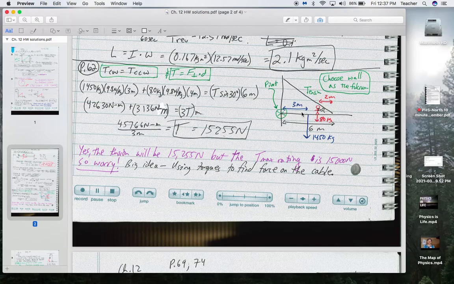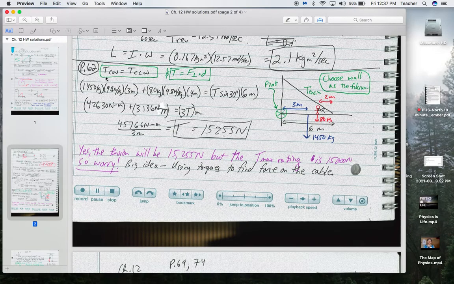You can choose where you want to place a pivot point, and for an object that really is in rotational equilibrium, the torques will always balance out. But if you place it at a location where you've got an unknown force or unknown forces, that basically means that's an unknown you can get rid of, because an unknown times 0 distance gives us 0 torque. So I hope that kind of makes sense.